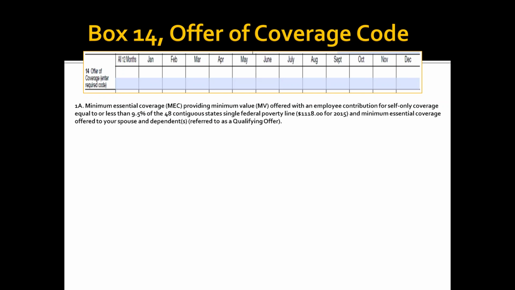To translate that, what that means is that if what the employee contributes annually for coverage would be less than that, their part, then you meet this minimum essential coverage and minimum value calculation at least, and it's referred to as a qualifying offer.